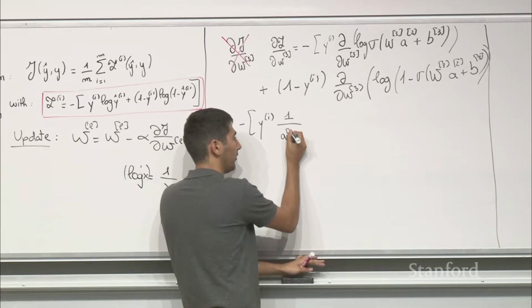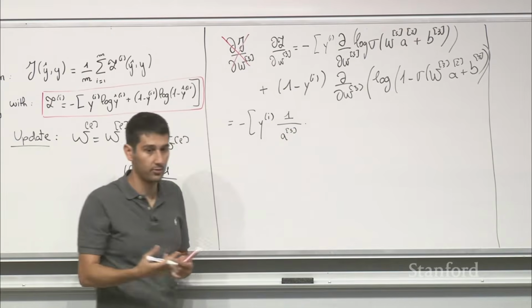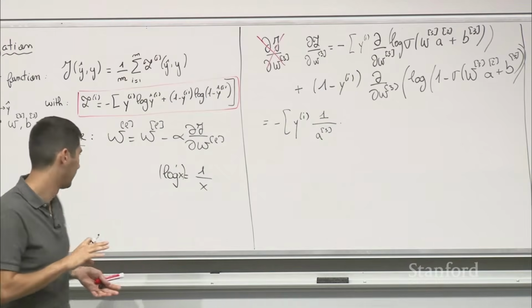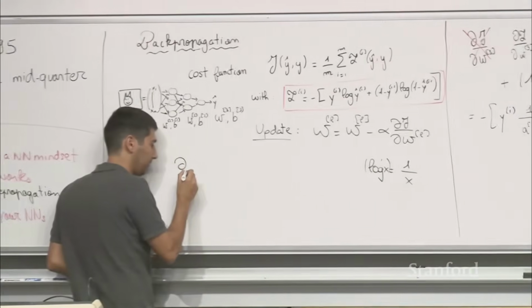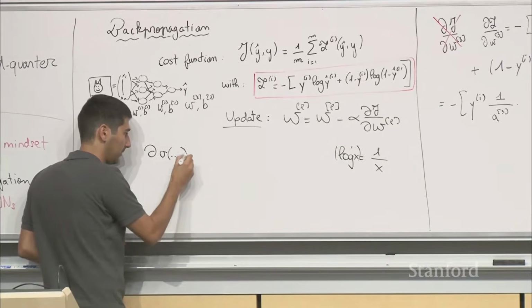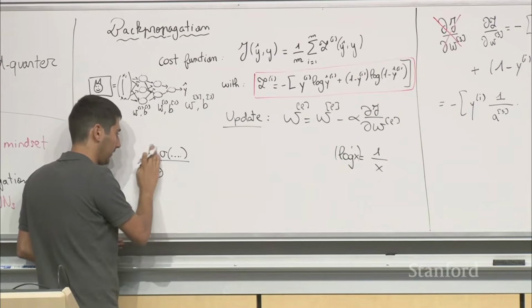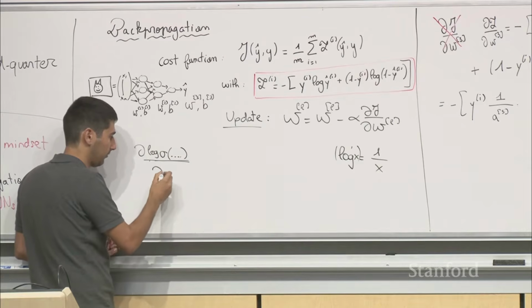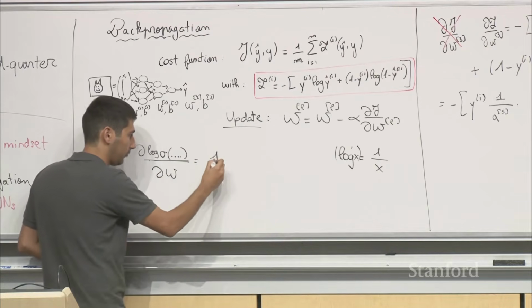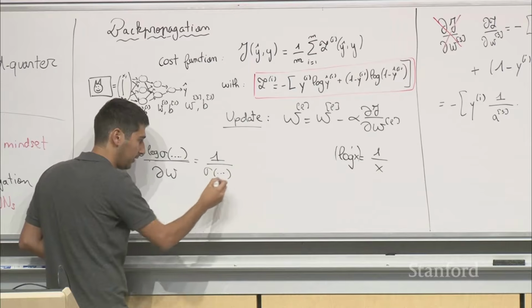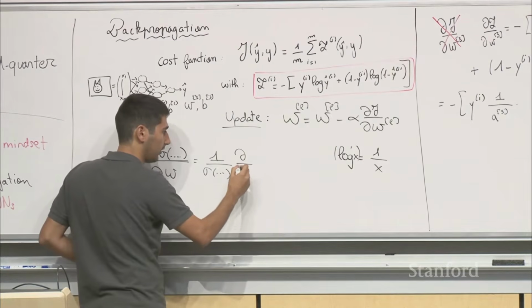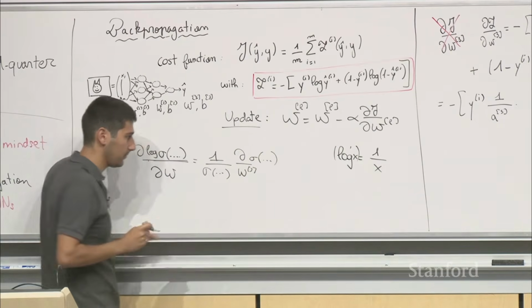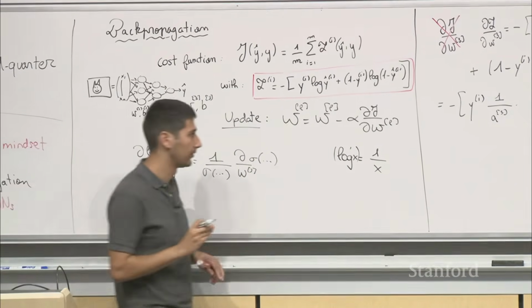So I will have 1 over A3 times the derivative of A3 with respect to W3. If we take the derivative of log of sigmoid with respect to W, what we have is 1 over the sigmoid times the derivative with respect to W3 of the sigmoid. Does that make sense? That's what we're using here.